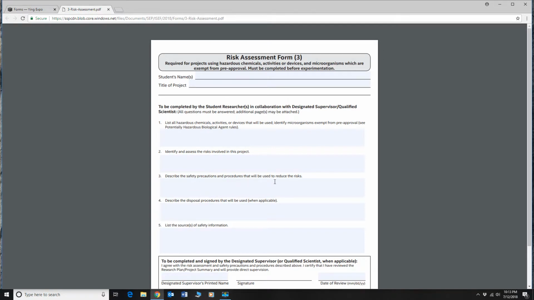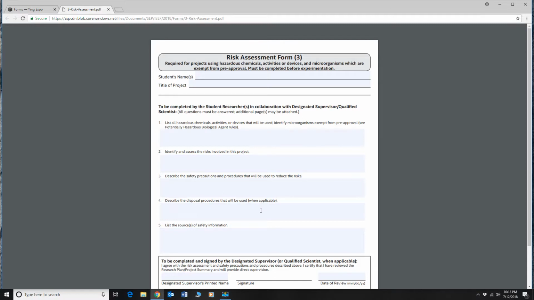Describe the safety precautions and procedures that they're going to use to reduce these risks, and if they're not sure, they probably should work with a qualified scientist or maybe a designated supervisor, or do some research online, especially stuff like MSDS forms and what have you for chemicals.